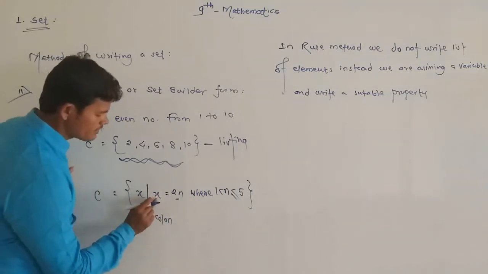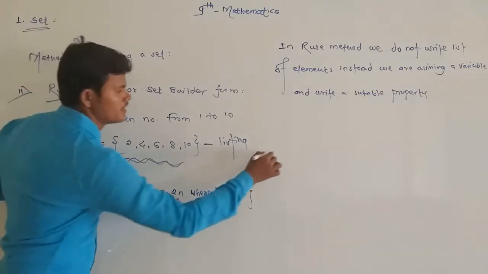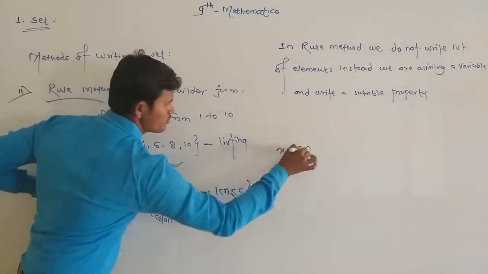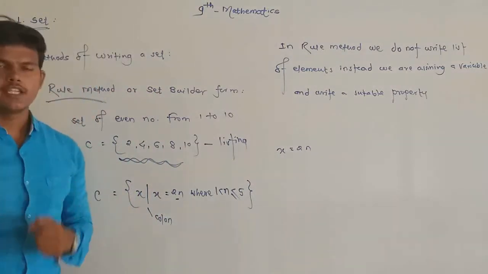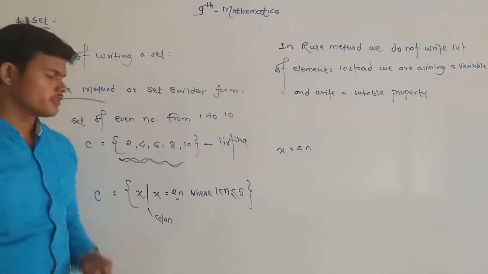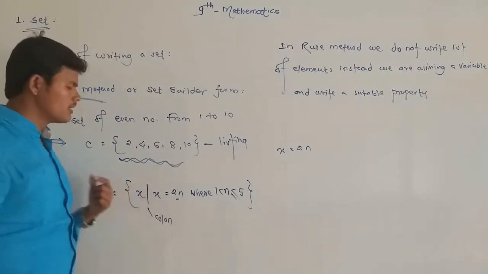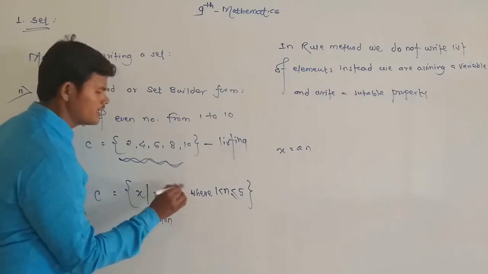Therefore we take the equation x equals 2n. We are writing the condition x equals 2n, that is, if any number is multiplied by 2, then we get an even number. That's why we write x equals 2n. Now what does n denote?